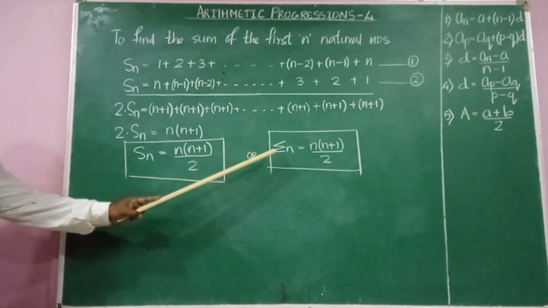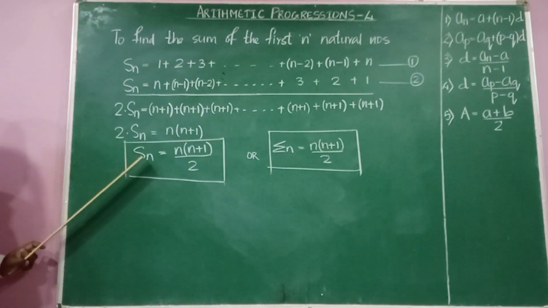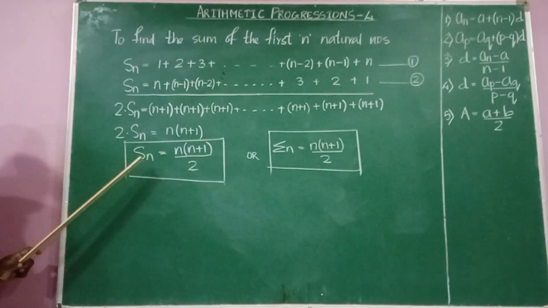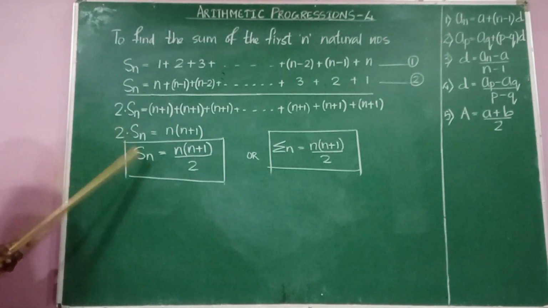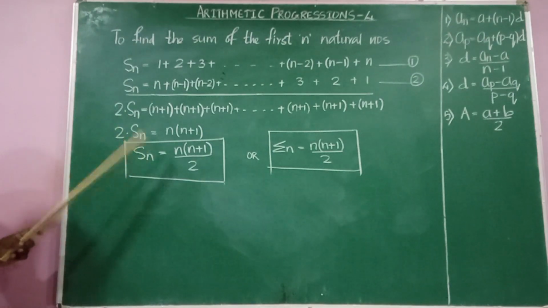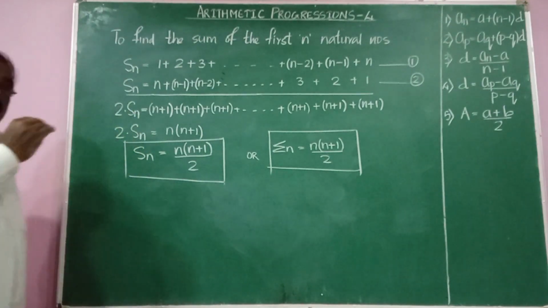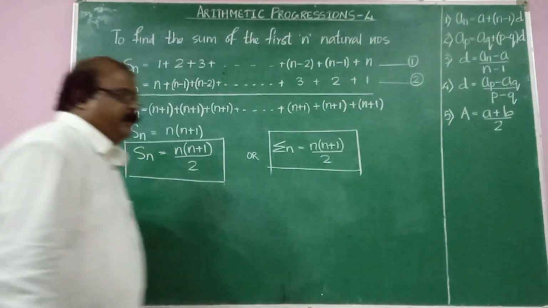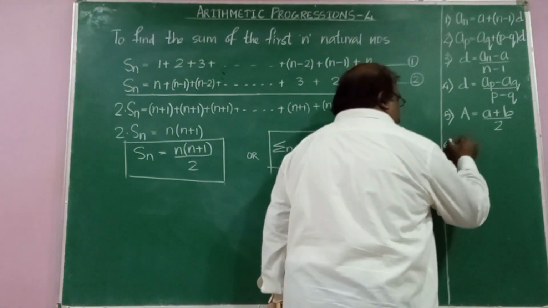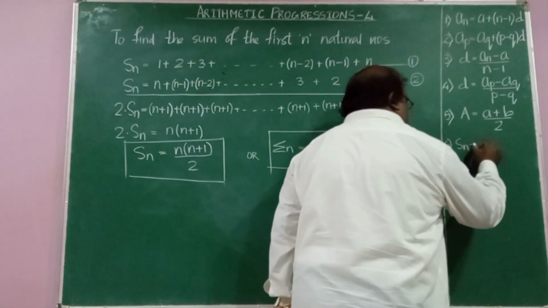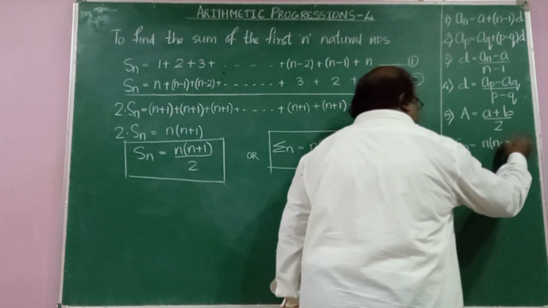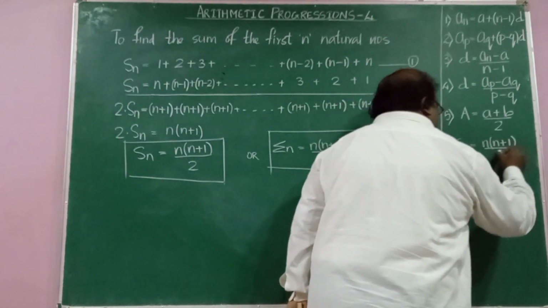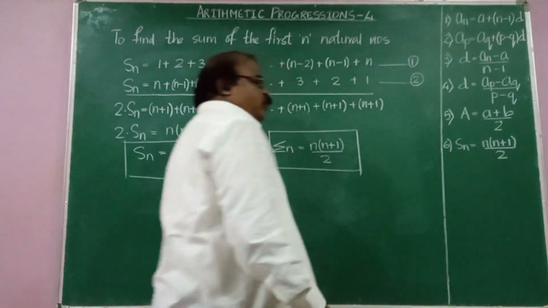It can be represented as sigma n or as Sn. This is the formula to find the sum of the first n consecutive natural numbers: Sn is equal to n into bracket n plus 1 upon 2.